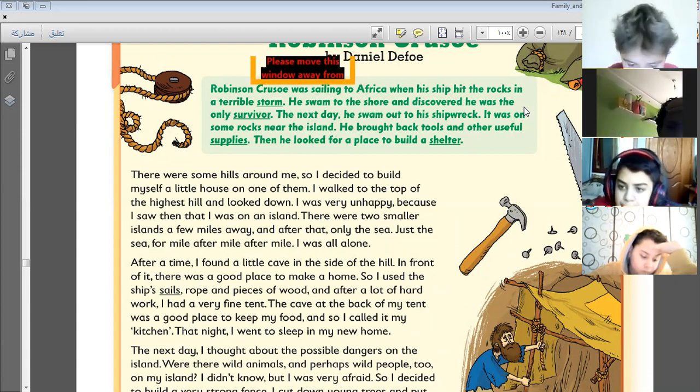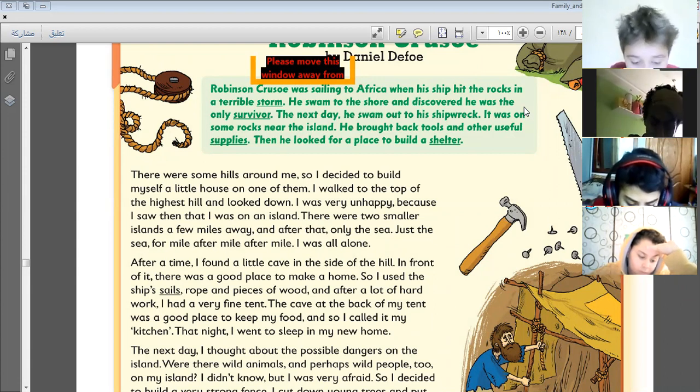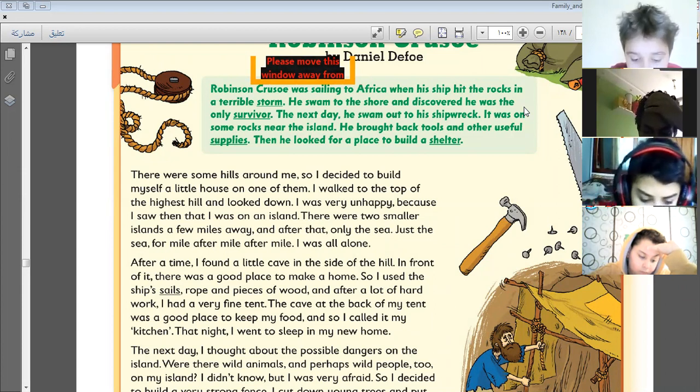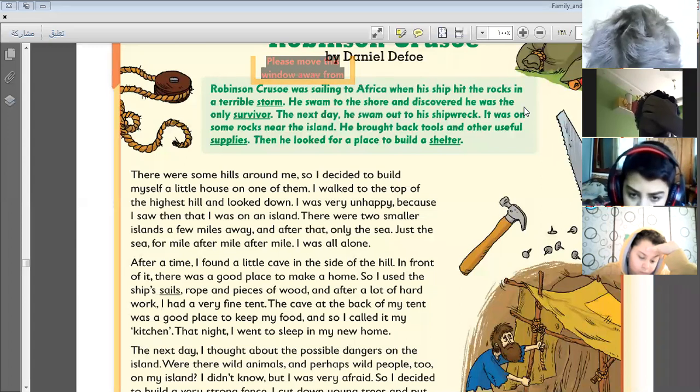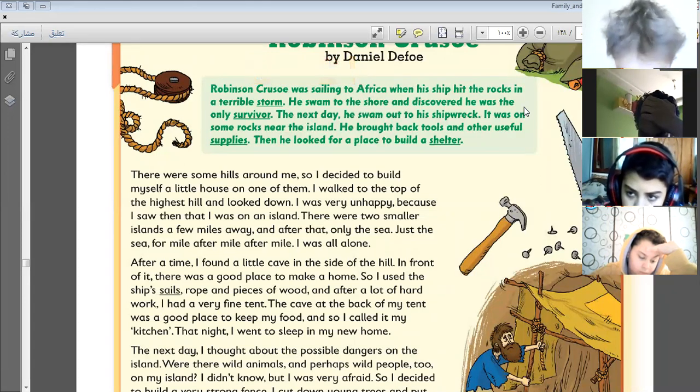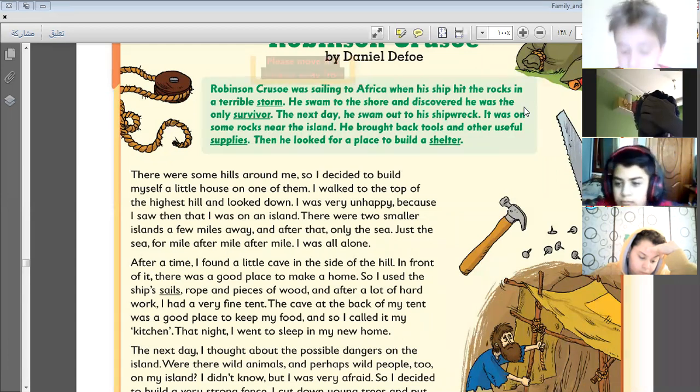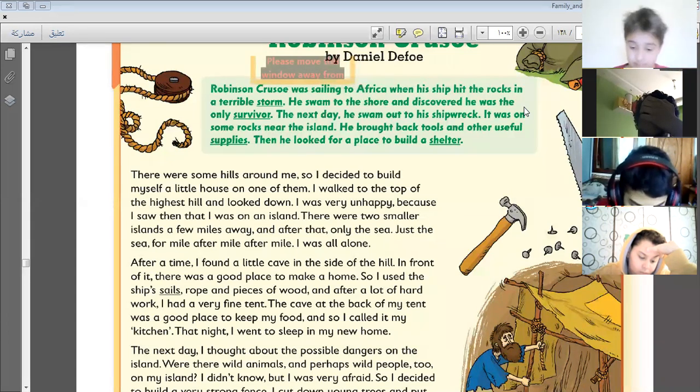After a time, I found a little cave in the side of the hill. In front of it, there was a good place to make a home. So I used the ship sails, rope and pieces of wood. Excellent, excellent. Continue, Anas.